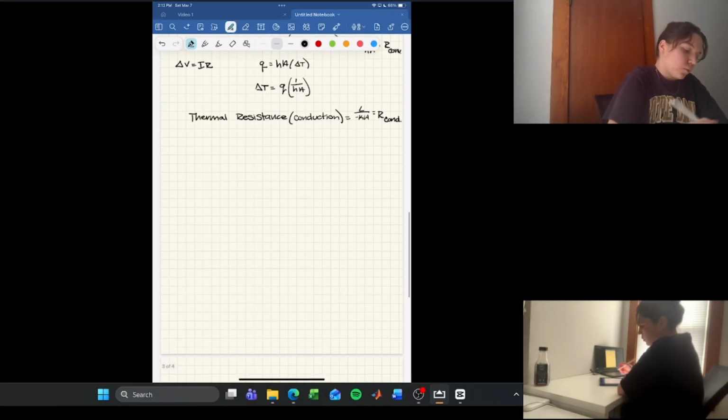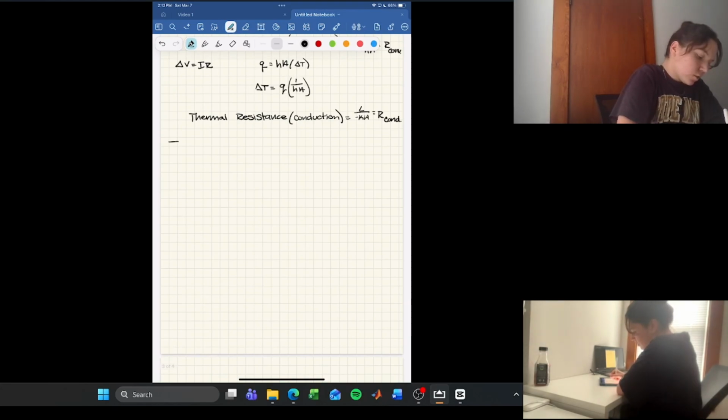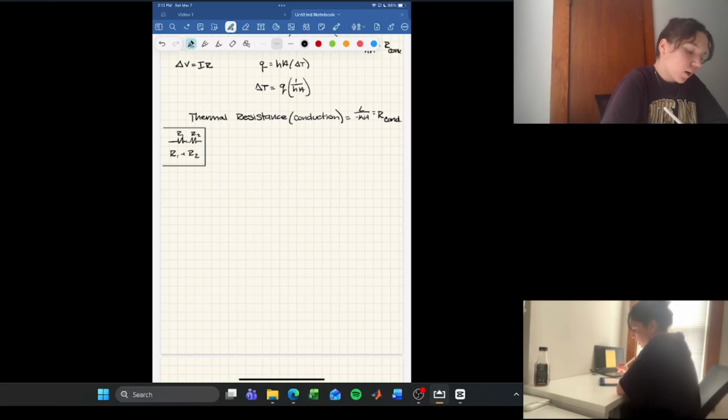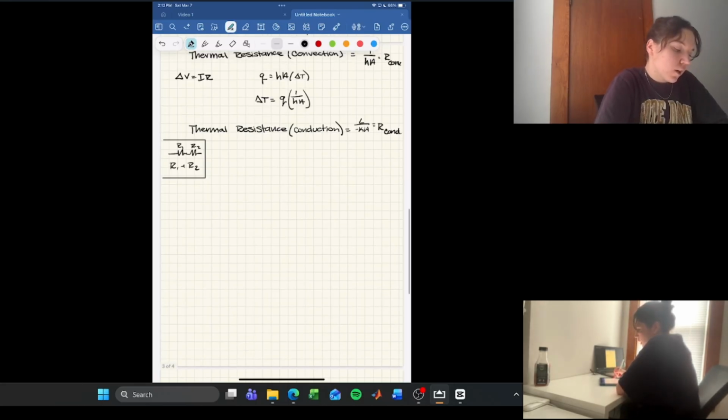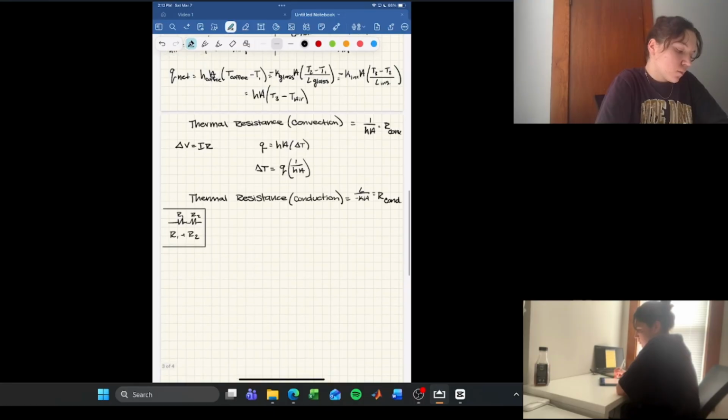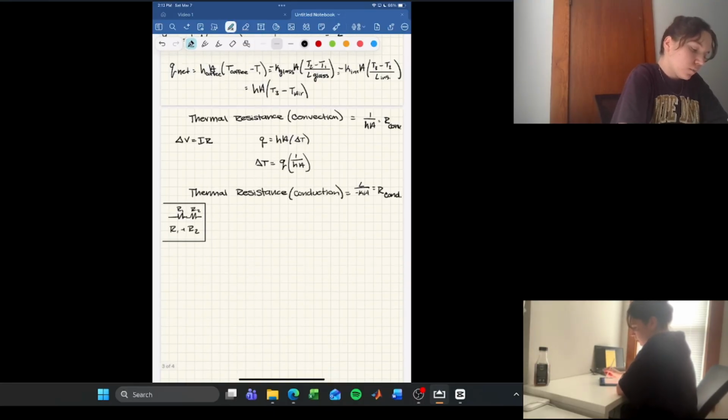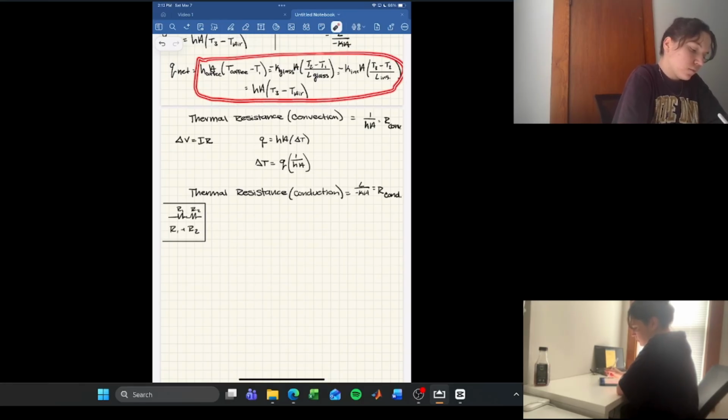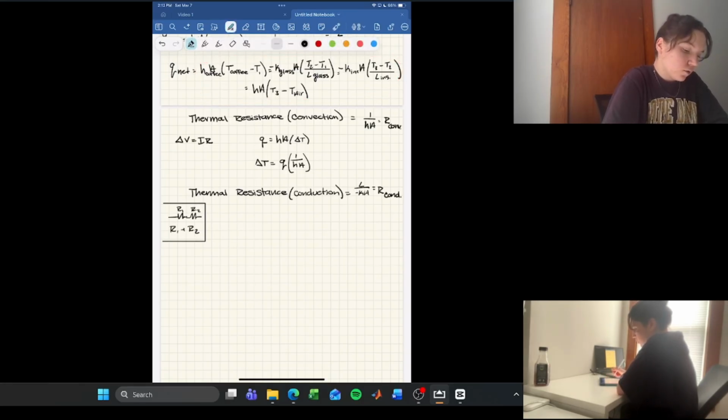So remember that with Ohm's law, when you have resistors in series, you can just add the resistances to get the total resistance for the circuit. So we can apply the same idea to heat flow in series. So remember, we had this equation up here. So let's apply that using the resistance that we just found here.